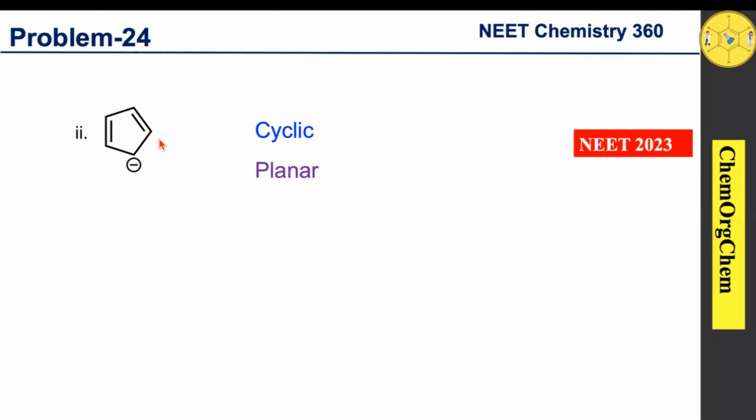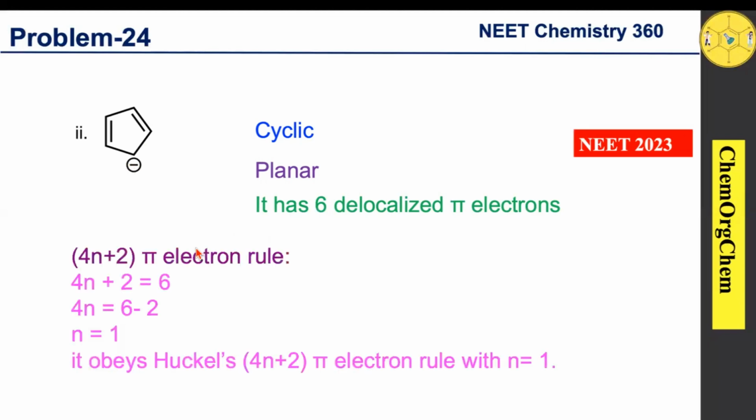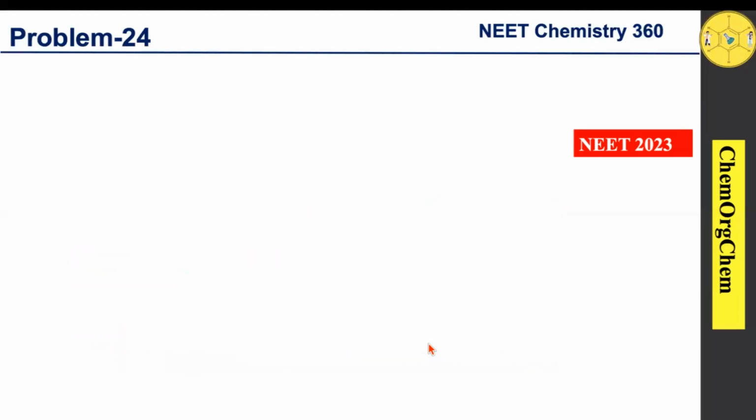Apart from that, one negative charge is also present, which contributes 2 electrons. Therefore, a total of 6 delocalized pi electrons are present in this compound. Moving to the 4n plus 2 pi electron rule, 4n plus 2 equals 6 pi electrons. When you work it out, n equals 1, so it obeys Huckel's 4n plus 2 pi electrons rule.